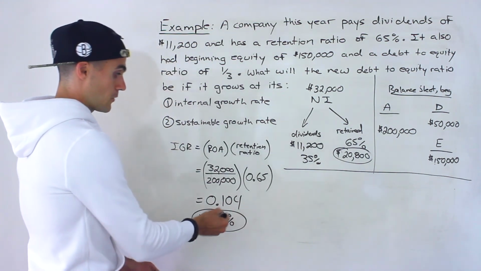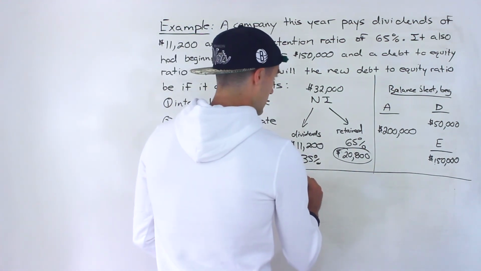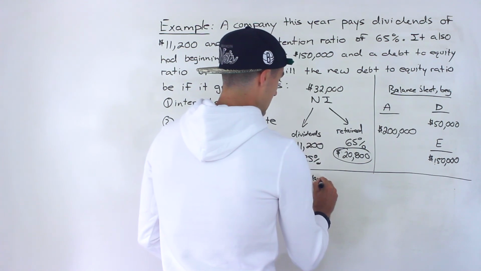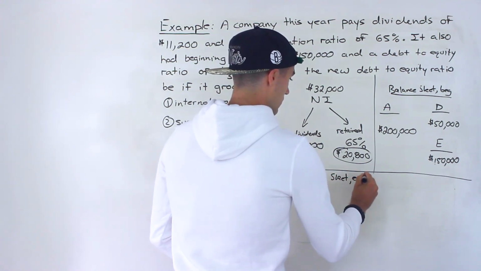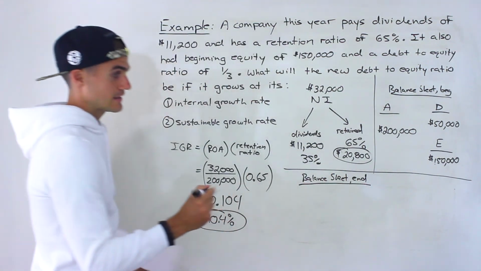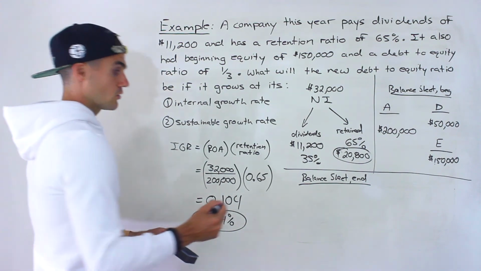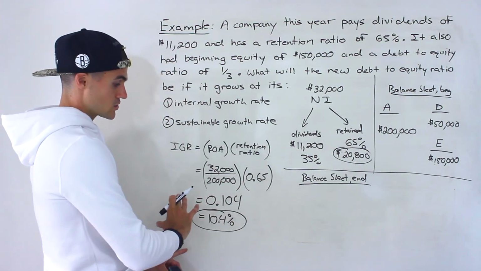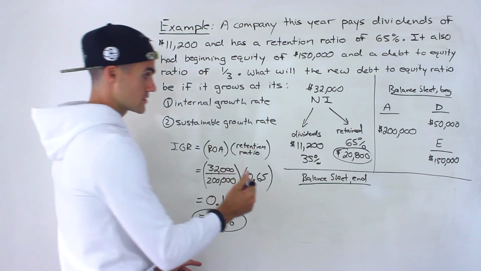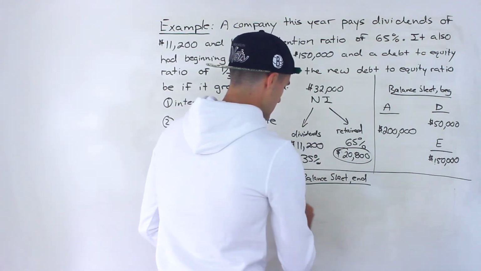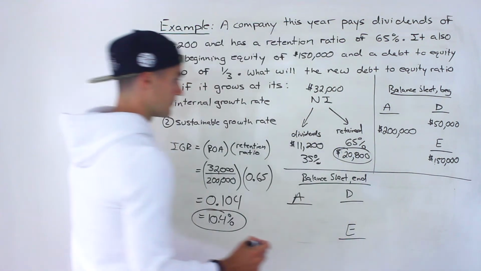So now that we have the internal growth rate, we can use that information to find the balance sheet at the end of the year. And then from the balance sheet at the end of the year, we can find that new debt to equity ratio. So if a company is growing at a certain rate, that means its assets are growing at that rate. So we'll have assets, we'll have debt, we'll have equity.